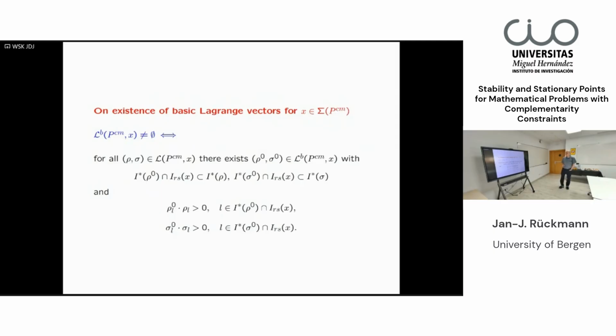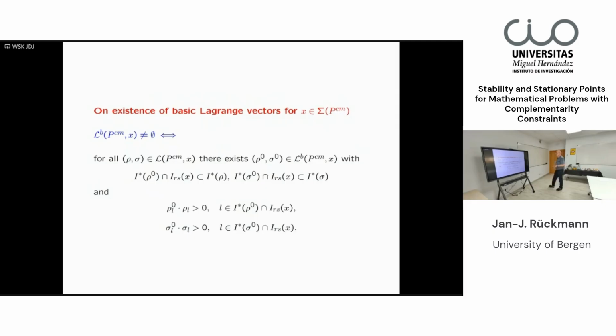Okay, so if we are talking now about, instead of extremal points, basic Lagrange vectors for non-convex sets of Lagrange vectors, then the question is, can we say something about the existence? When we formulate a condition for basic Lagrange vectors, then the question is, are there any basic Lagrange vectors?